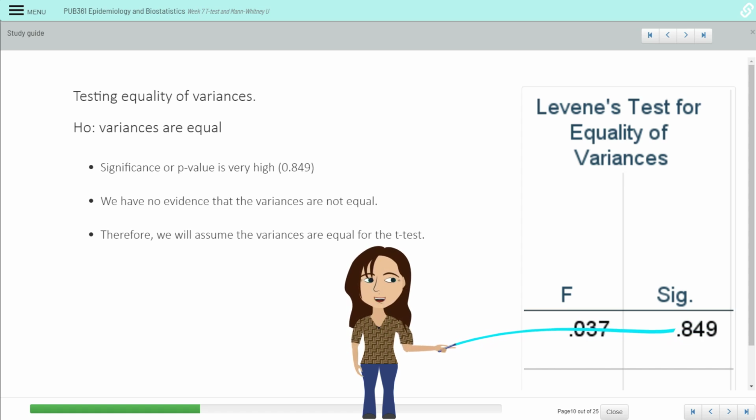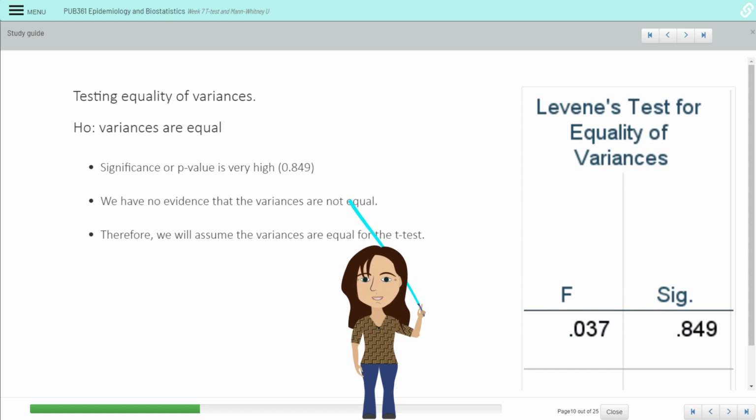So the p-value is the probability of observing the data if that null hypothesis is true. So the probability of getting data that looked like this, if the variances were in fact equal, is about 85%. That's a pretty high probability, so this is fine. There's no reason to suspect there's anything wrong with the data or the hypothesis. So we've got no evidence that the variances are not equal.